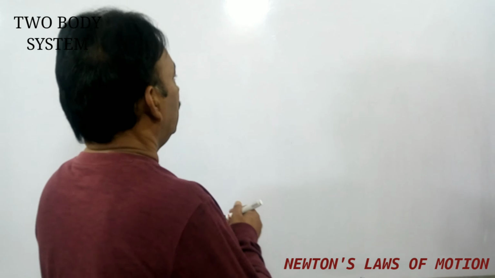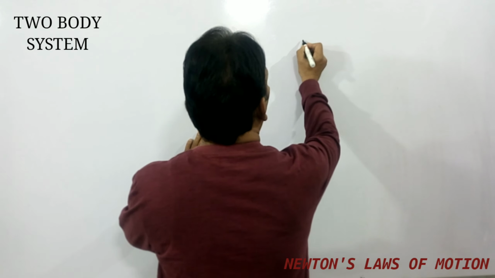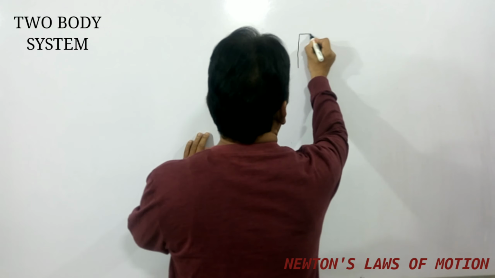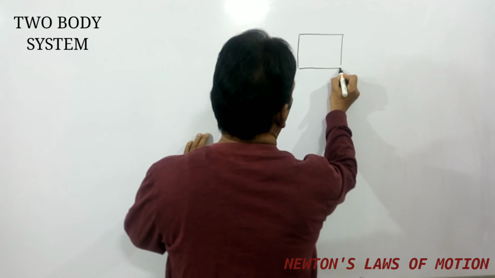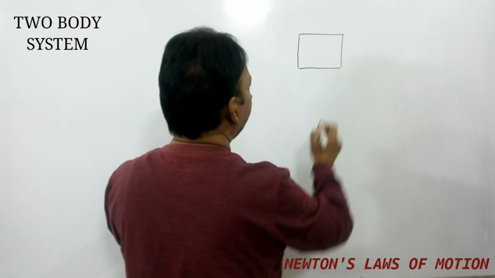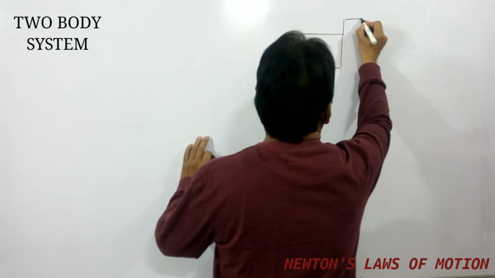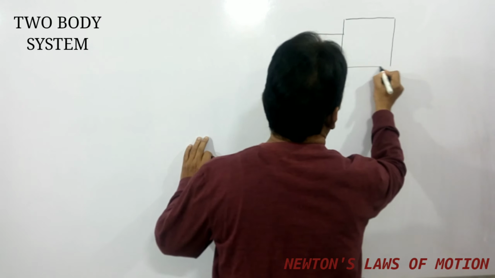Okay, let's say two bodies are taken. This body, or you say a block, has a mass of m1 in contact with another mass, a second mass.